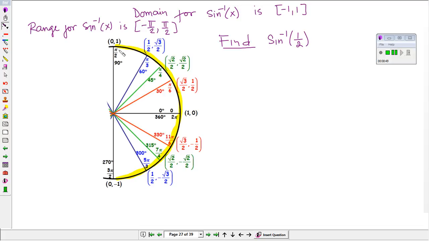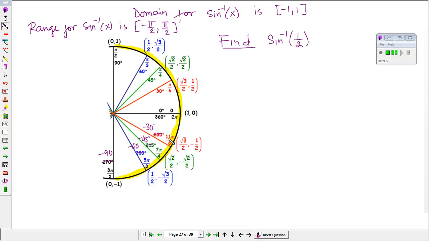So I'm going to go here. This is 0, 0. If we go counterclockwise, it will be a positive angle. If we go clockwise, it will be negative. So this angle is the same thing as -30 degrees. This angle is the same thing as -45 degrees. And this is -60 degrees. And this will be -90 degrees.